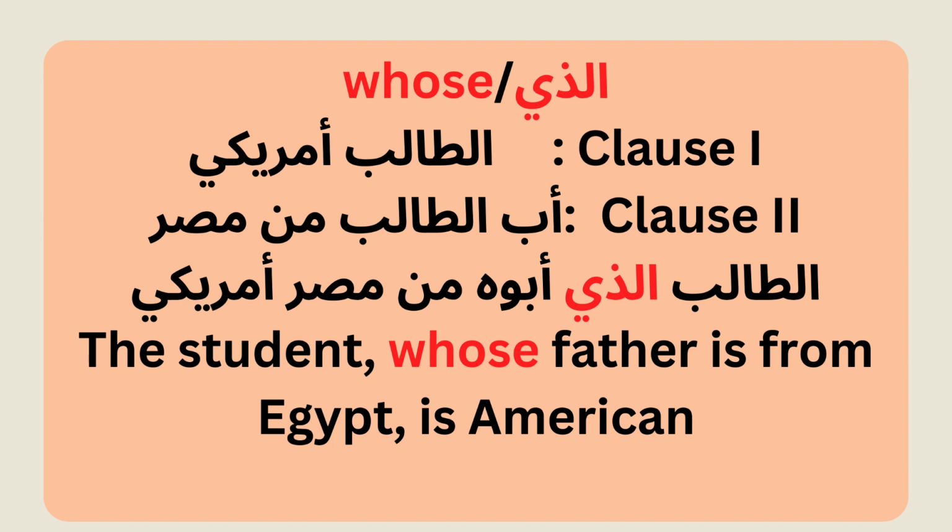We're going to use الذي to replace the second term of إضافة, which is الطالب. الطالب الذي أبوه من مصر أمريكي. The student whose father is from Egypt is American. Note that I used commas here to introduce the restrictive clause or the relative clause, which begins with whose or with the الذي. It's up to you whether you want to use commas or not.